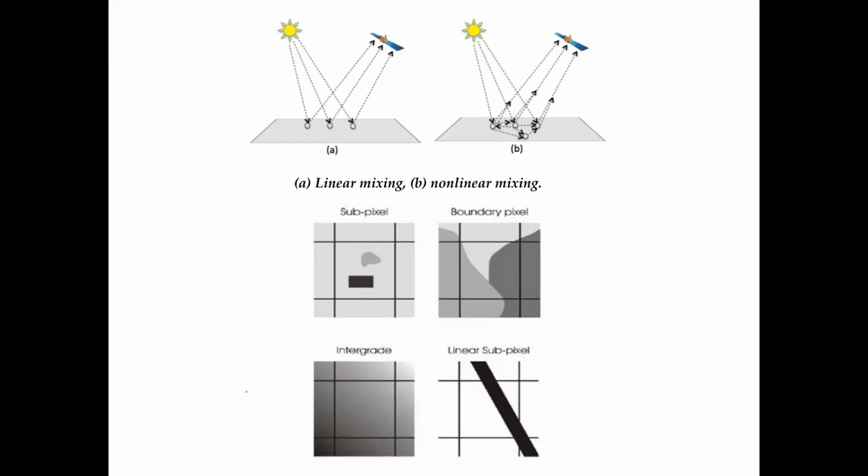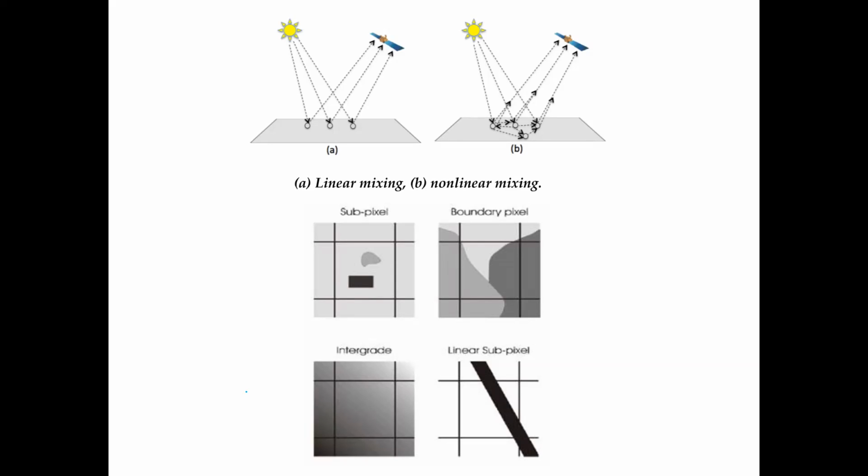On the top, we see two cases in figures A and B. Figure A shows that the sunlight hits the earth and goes back to the atmosphere, which is then sensed by the satellite. Figure B shows that sunlight hits the earth, then it is multiple scattered.